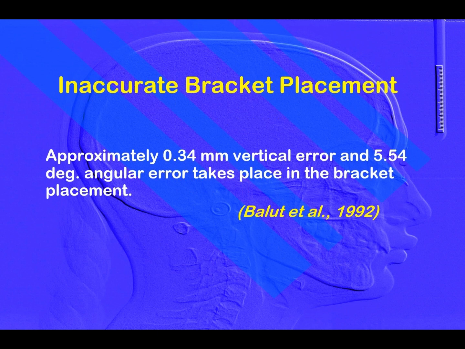In any pre-adjusted edgewise appliance, accurate bracket placement, as recommended for that specific appliance, is very crucial. Inaccurate bracket placement results in unwanted expression of tip, torque, and in and out effects. On average, 0.34 mm vertical errors and 5.54 degree angular errors occur in the bracket placement.